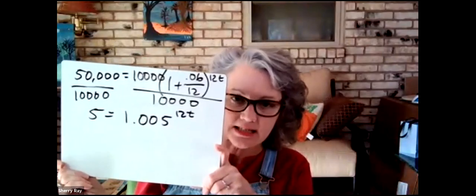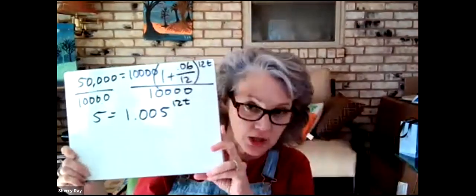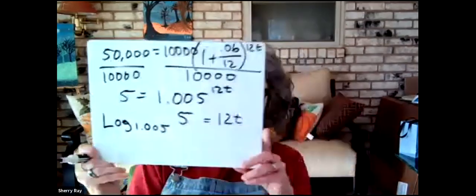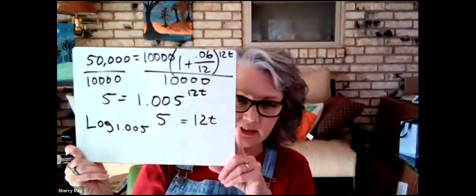My base of my log function is the number that is the base in an exponential function. So my log base 1.005 of 5, because my log function has to equal my exponent function, is equal to 12t. And then I'm going to divide each side by 12.